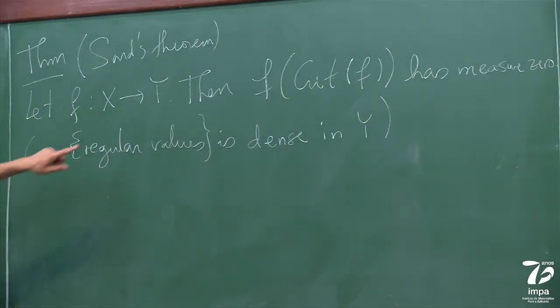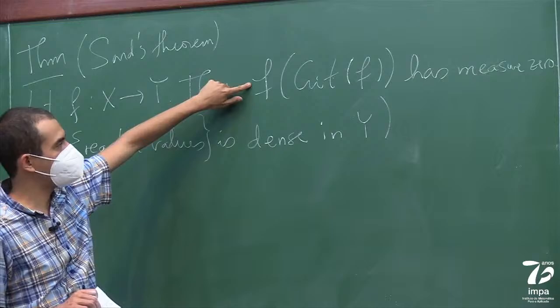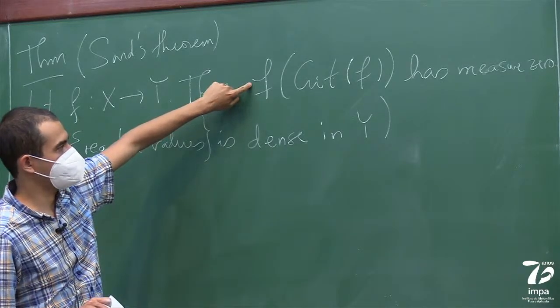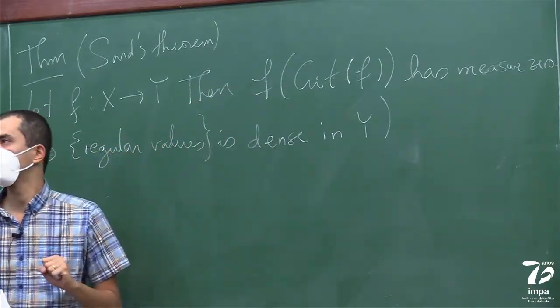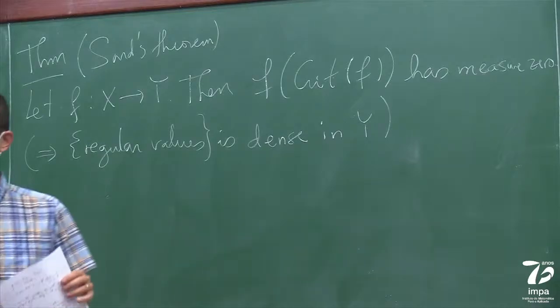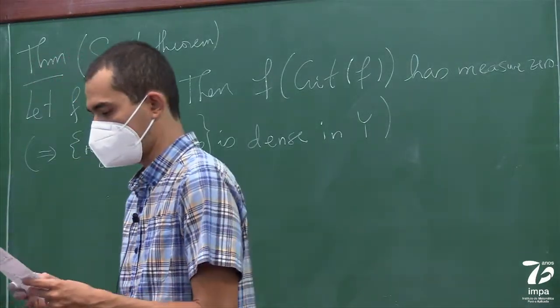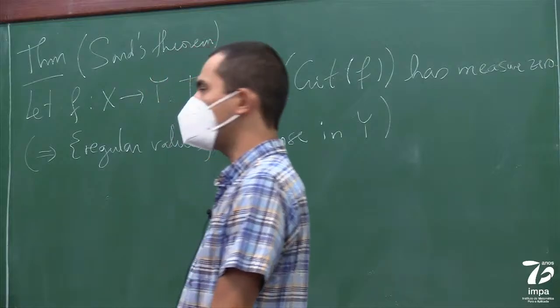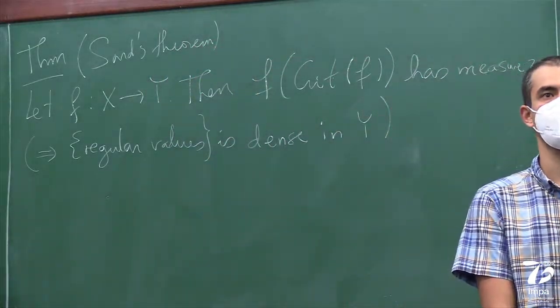So this is the one really that means that almost every point in Y is a regular value. So that's how we're going to use Sard's theorem. And it's going to come up in all the applications in the big transversality theory that will continue in the next lecture. Okay, so any questions about this before we prove Sard's theorem?